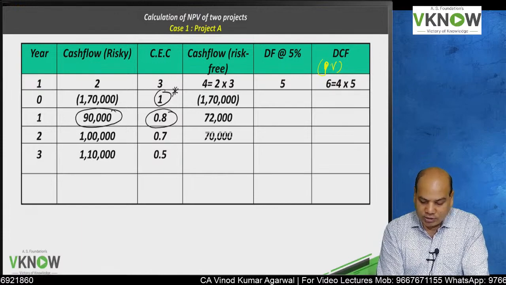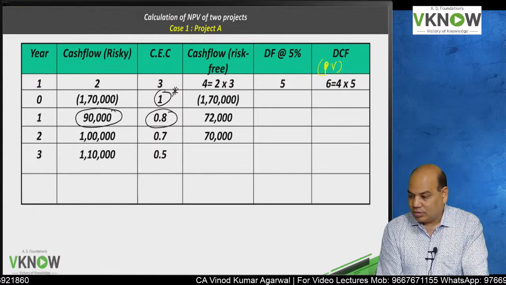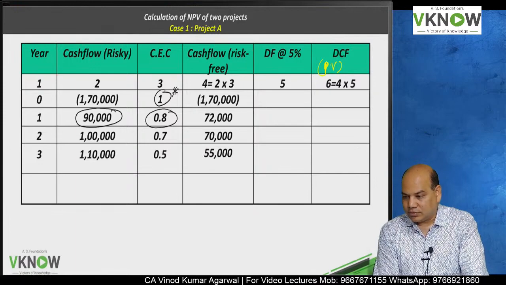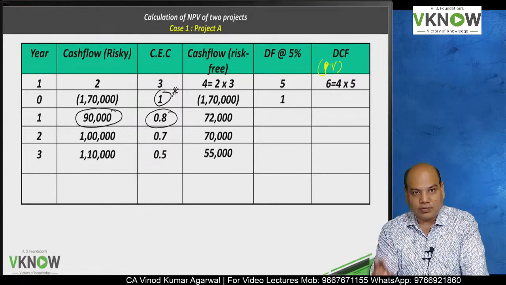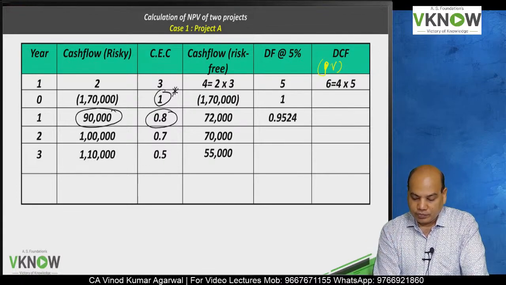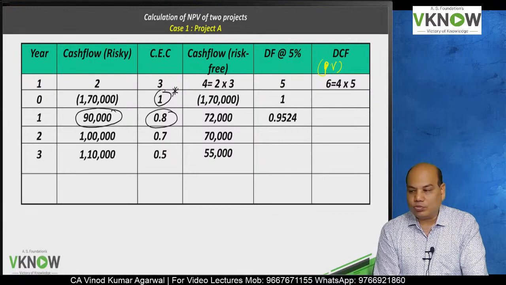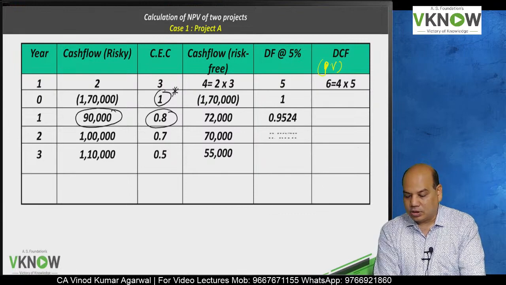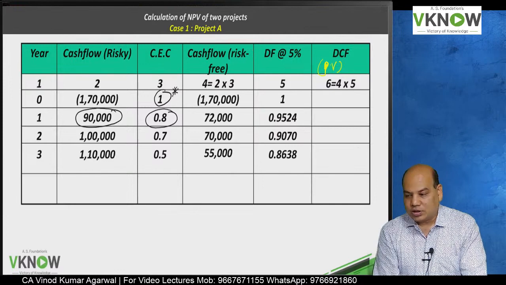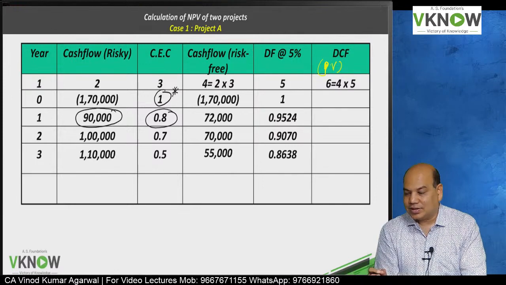All of you will kindly reply also. 70,000, 55,000. Now we'll write factor 1 divided by 1.05. 0.9524, again press equal to 0.9070, again press equal to 0.8638.